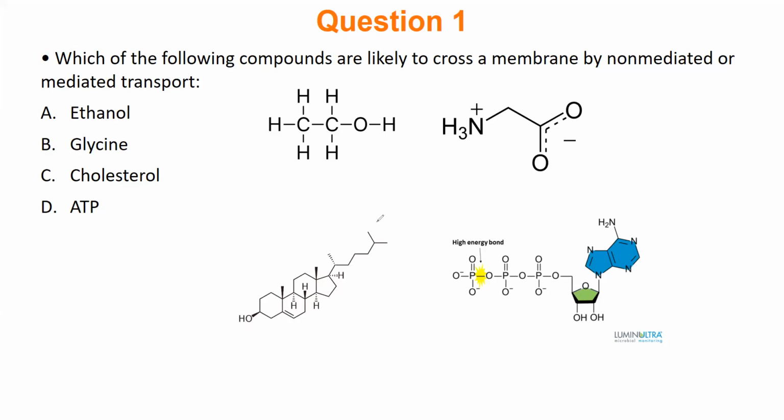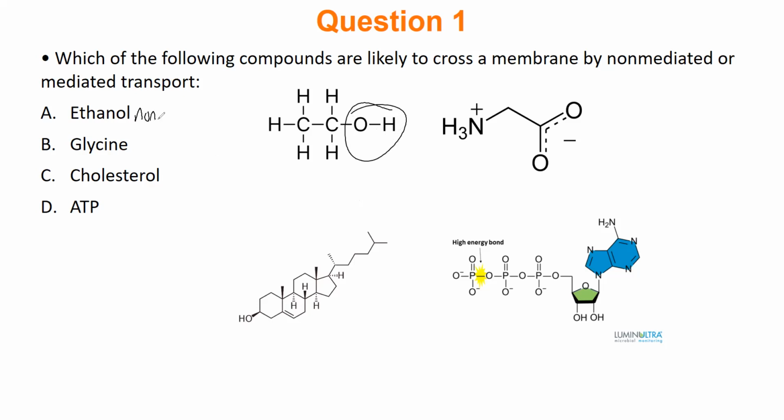All right, so we're going to start with the actual hardest molecule, which is shown here, ethanol. Even though ethanol has this alcohol group, which is polar, it's small enough and non-polar enough that it can go through the membrane. So ethanol can go through, while glycine needs mediated transport.